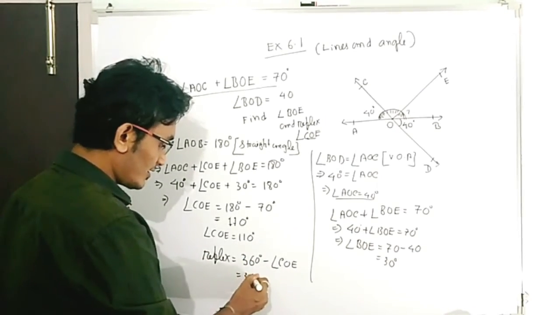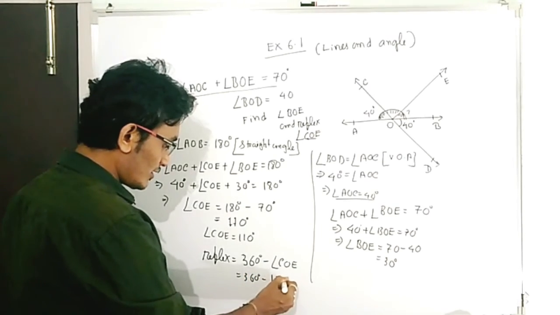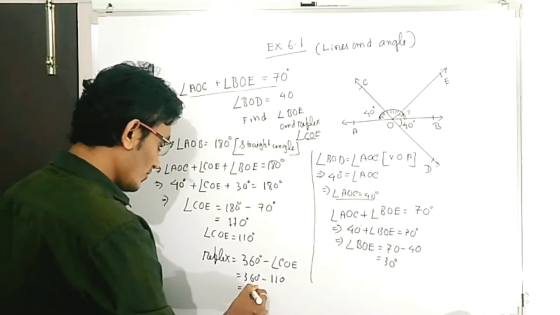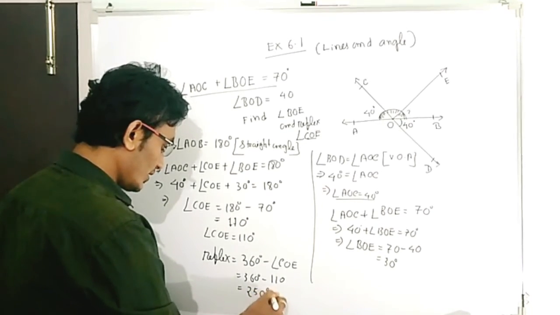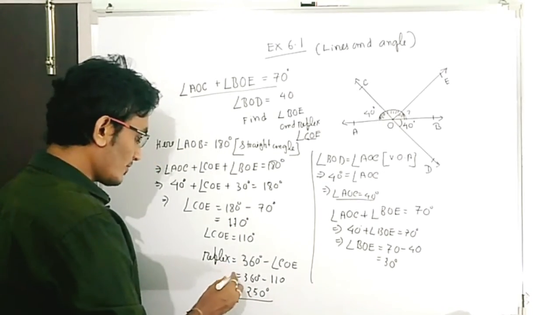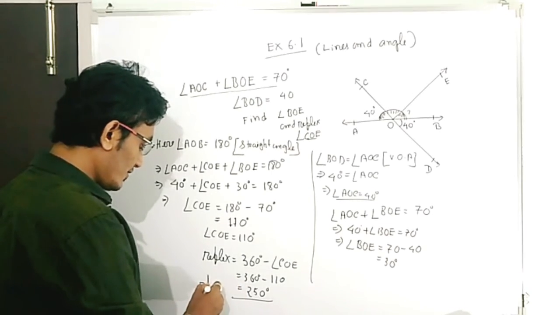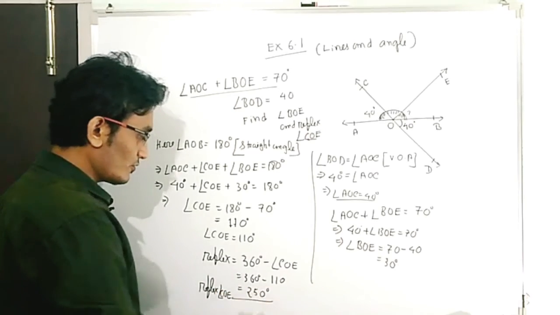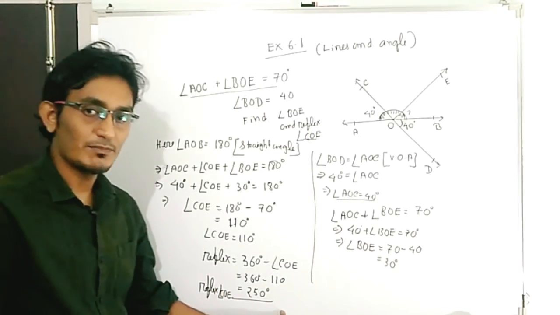That means 360 minus 110. What is the value? It's 250 degrees. So the reflex angle COE is equal to 250 degrees.